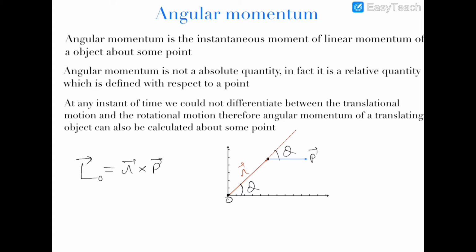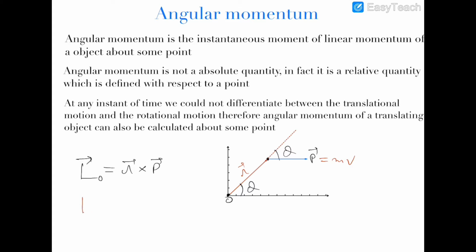Likewise, you may remember the formula for torque, which was r cross F. The angular momentum is r cross p, where p is the linear momentum, which is mv.